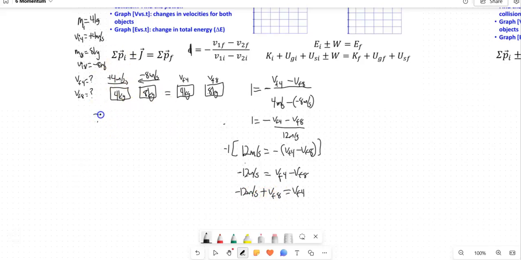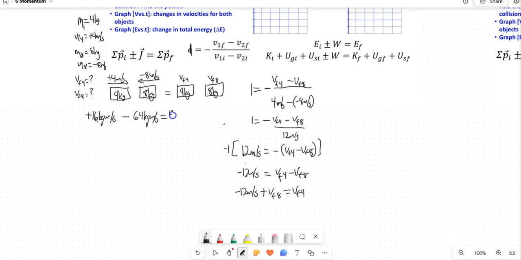So this is going to be a positive 16 kilogram meters per second. Positive 4 times positive 4. This will be 8 times 8, which will be 64 kilogram meters per second. That is negative.